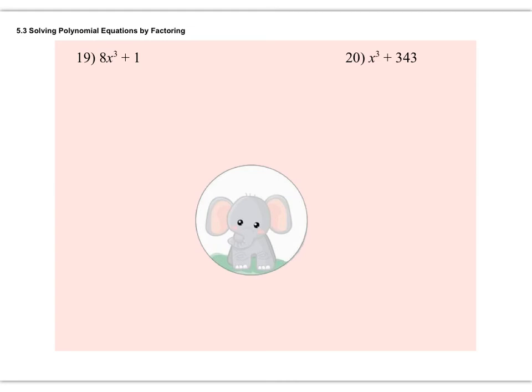Number 19. Is there a GCF there? If there is one, you just take it out like normal and proceed like you always do. Just baby brother tagging along. But there isn't one. So we'll go ahead and set up our parentheses. I recognize I have two terms with a cube. I will use SOAP to fill in my signs.